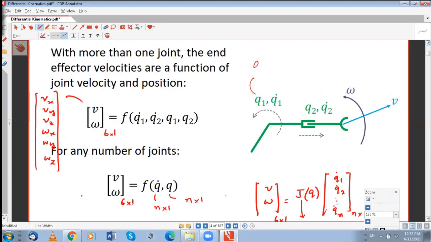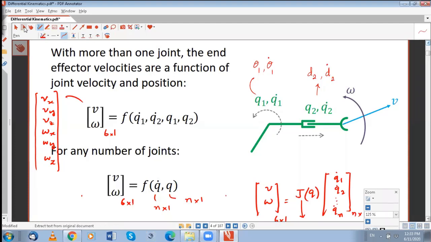In this case, it is θ1, and Q1 dot is our θ1 dot. And this one is our D2, because it's a prismatic joint. The joint variable is distance, displacement, and Q dot is D2 dot. This is in radians, this is in meters.